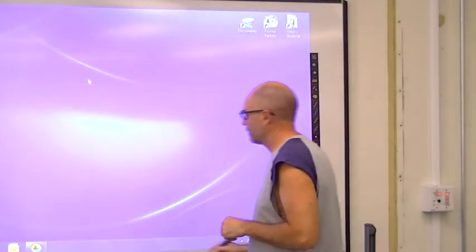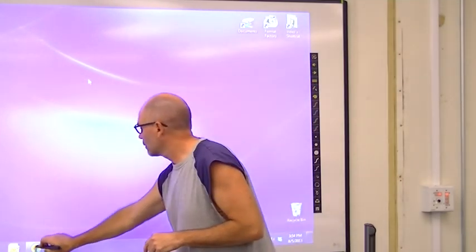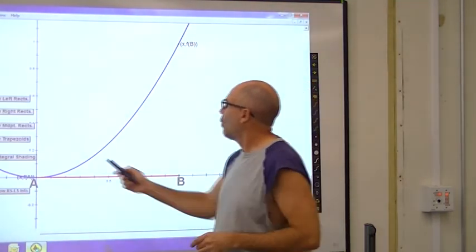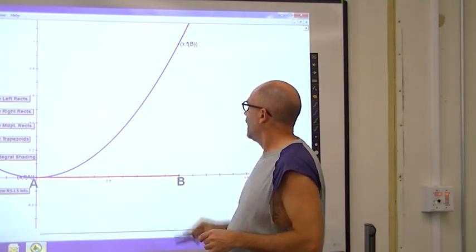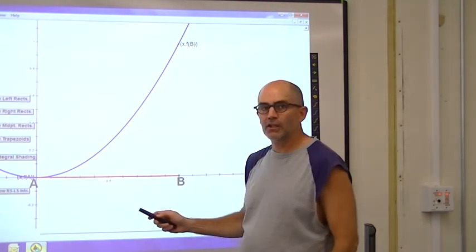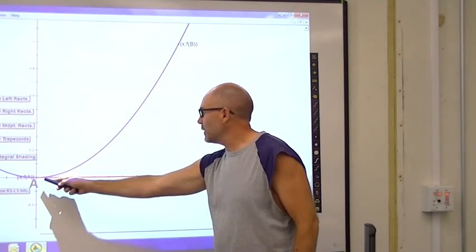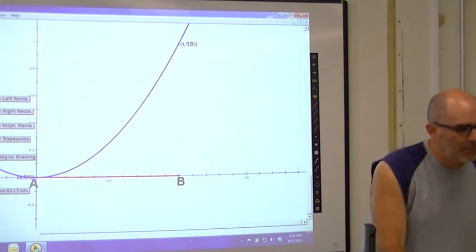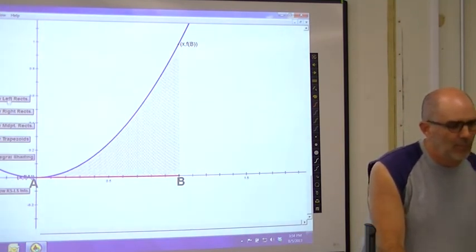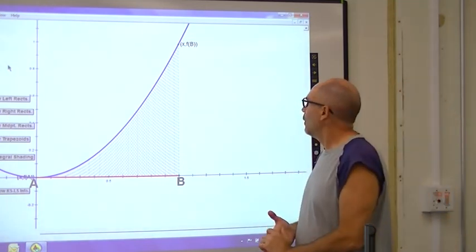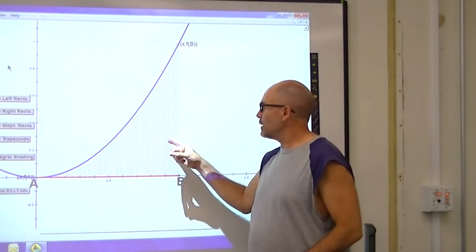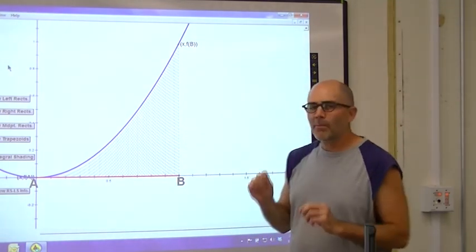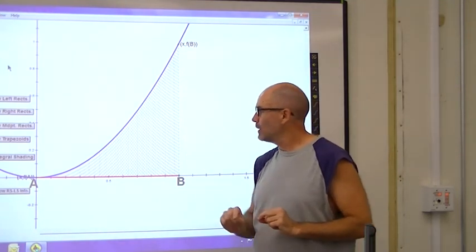So we have the function y equals x squared, and we want the area of this function under the curve between 0 and 1. So that's going to look like this. Now, we know from integration that that area is exactly 1/3. But we're about to find out how to determine that.